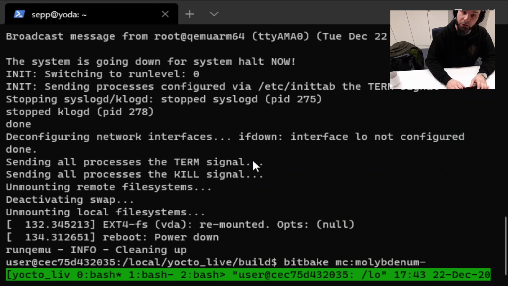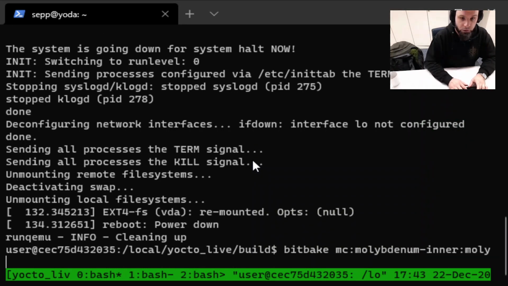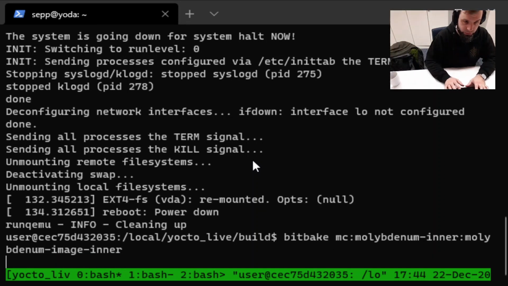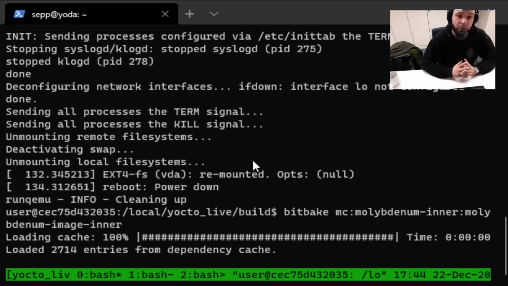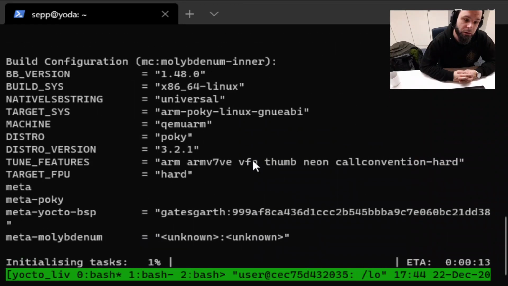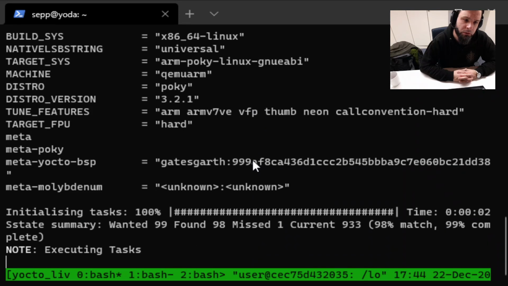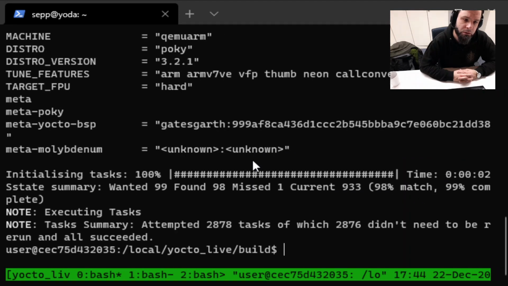molybdenum image inner. If it does rebuild now, if it does say bc, no, it doesn't say anything.